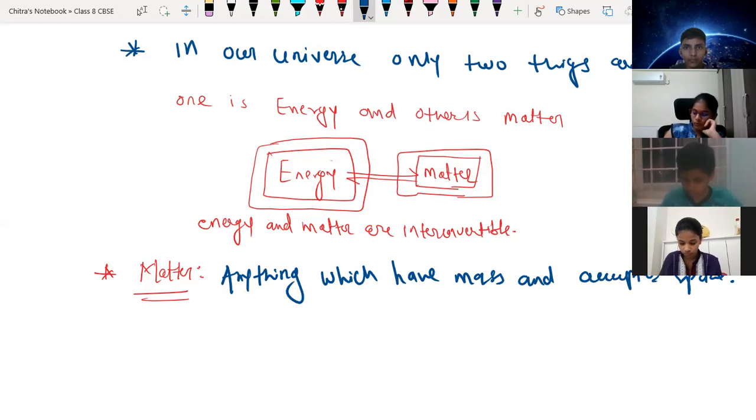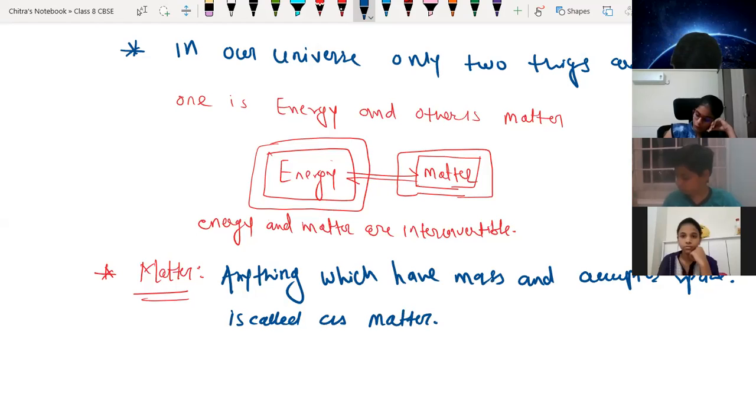Anything which has mass and occupies space is called matter. Just do remember, whatever objects we have around us, if they have mass and occupy space, they are called matter.